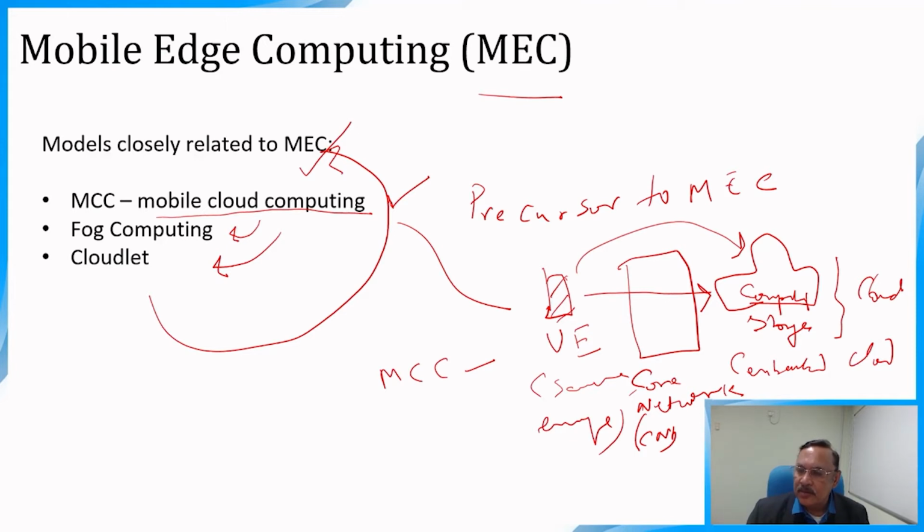Then comes the next aspect, which is fog computing. Fog computing was introduced in 2012 by Cisco to enable the processing of applications of billions of connected devices at the edge of the network. Fog is one of the important enablers for Internet of Things, IoT, and big data applications.